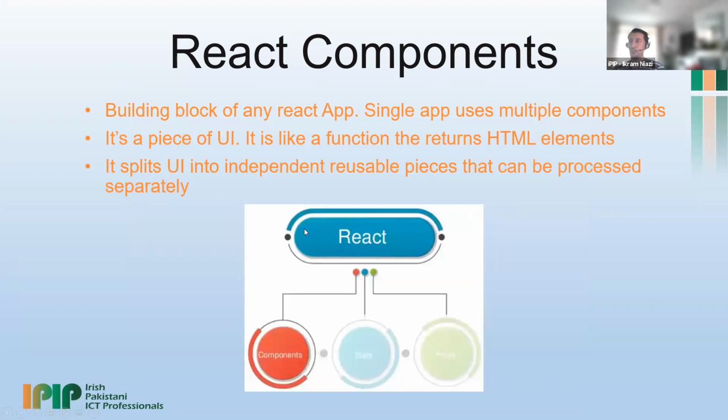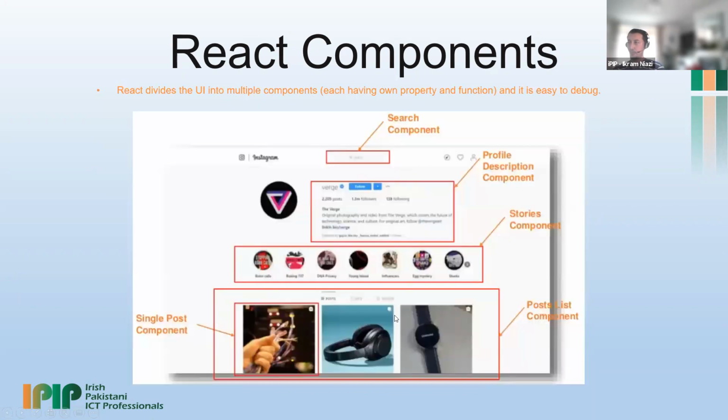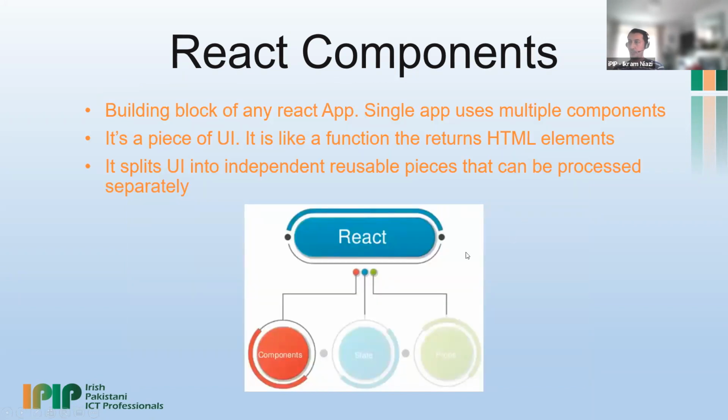The building blocks of any React app are components. So a single app uses multiple components like here. A component is a piece of UI, and it is like a function that returns an HTML element.